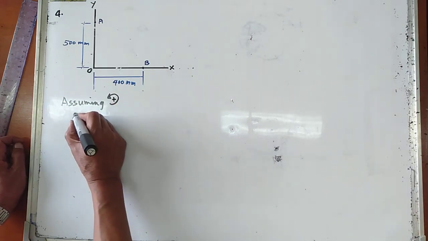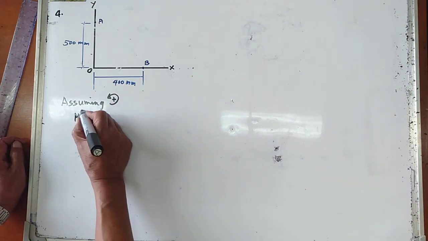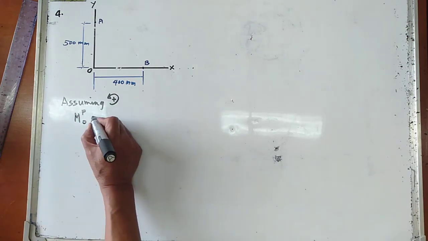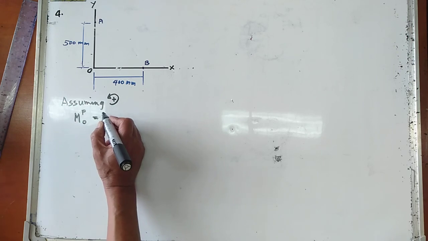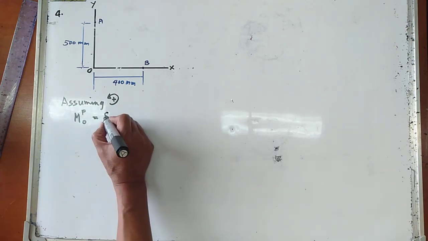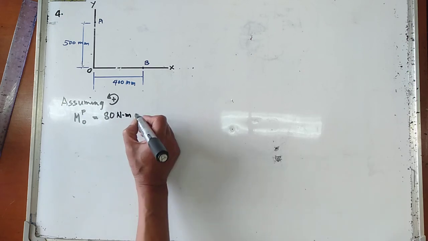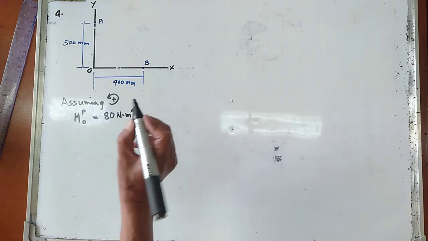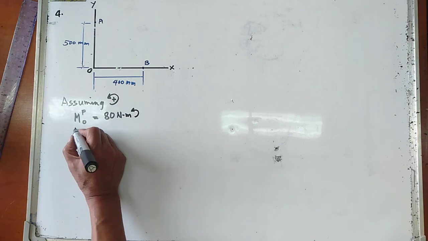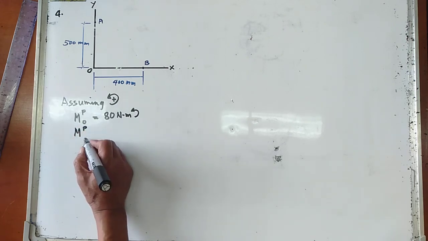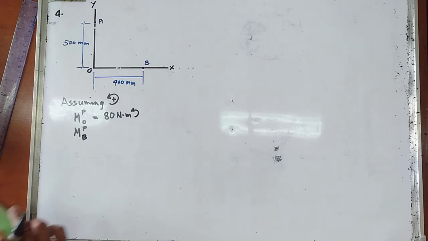Then the moment of the force P about point O is equal to 80 newton meters, counterclockwise.